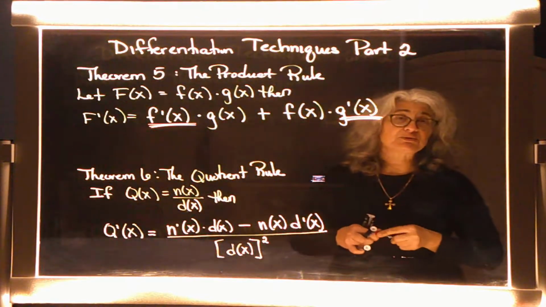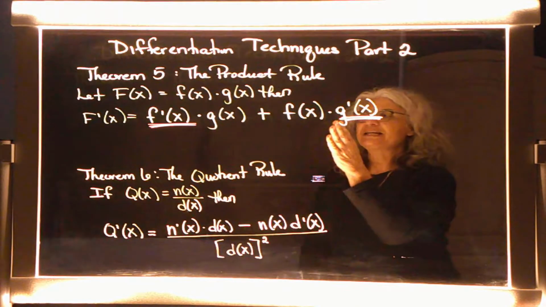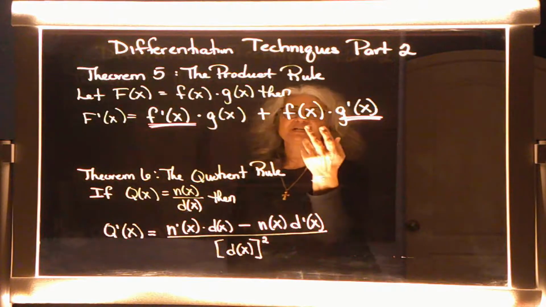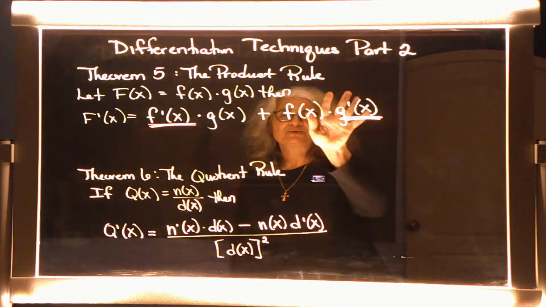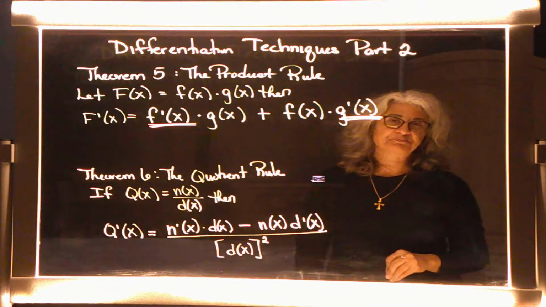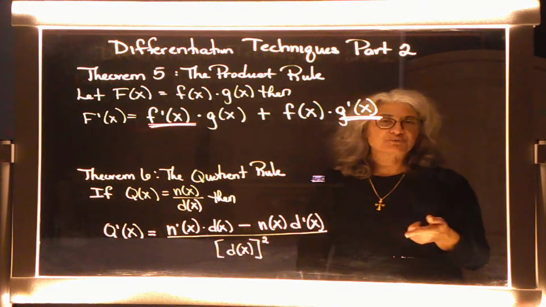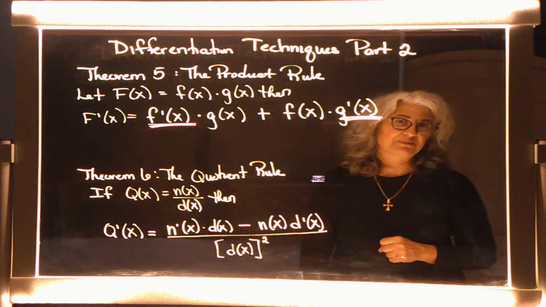Now I'm going to be honest with you. With this product rule, you could actually take these 2 sides and flip them around, so to speak. I could do this one first, this one second, and add them together. But there's a reason I'm doing it this way, because it's going to help us with this second theorem.